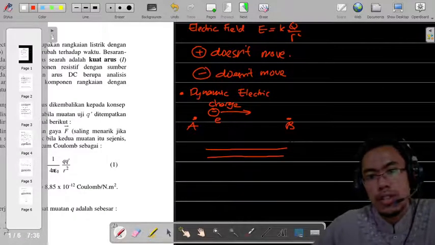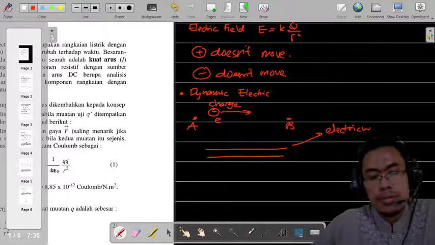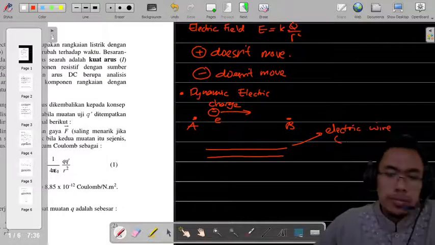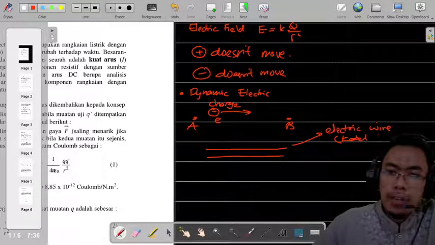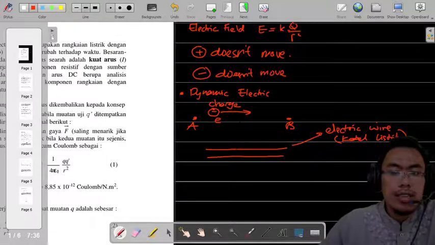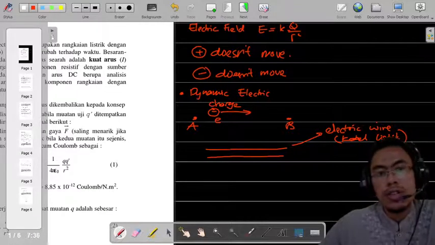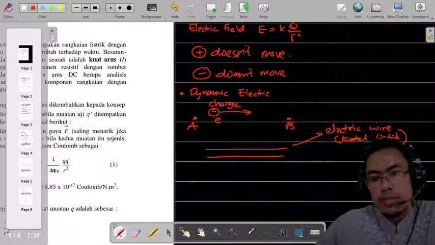This is the electric wire, or in bahasa Indonesia we call it kabel listrik. Inside the electric wire, there is something called electric current.